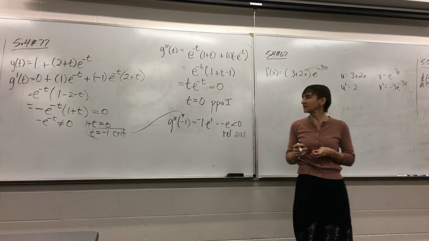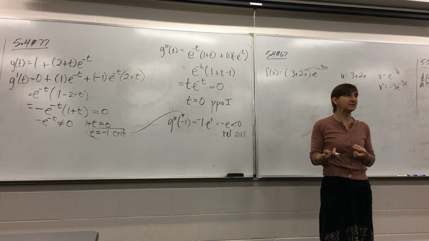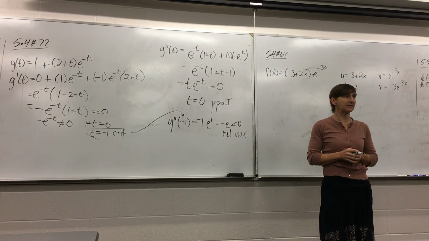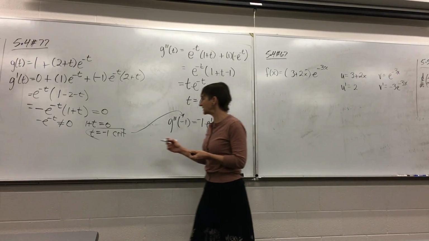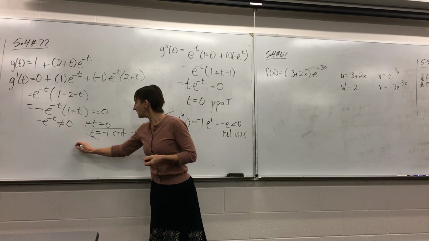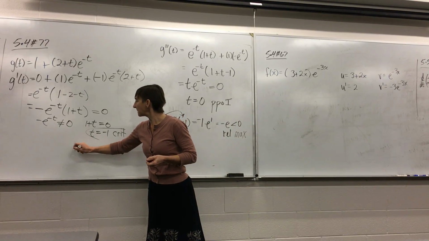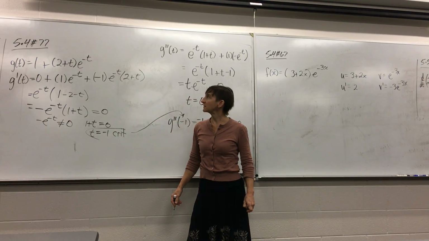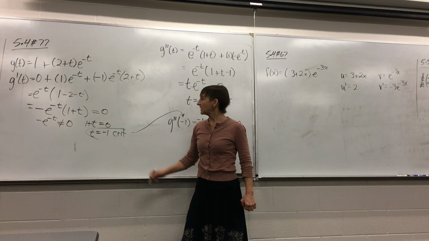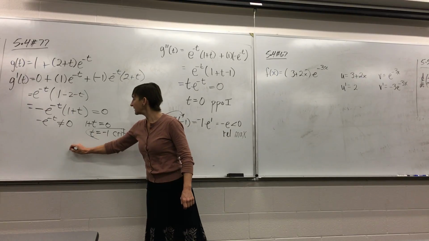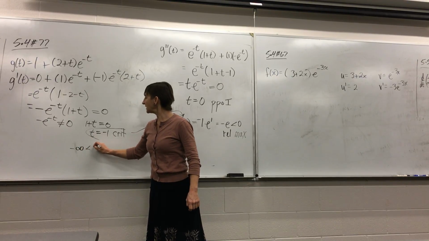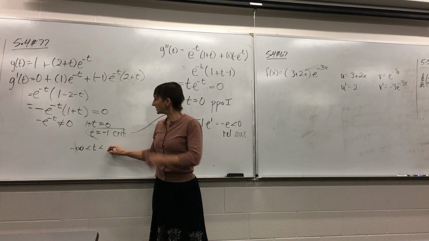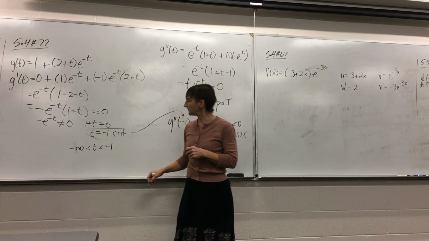Are our values increasing or decreasing around t equals negative 1? Well, a quick test will tell me. So from, wait, we've got some domain restrictions here. No, we're good. Domain's good. So negative infinity to negative 1.